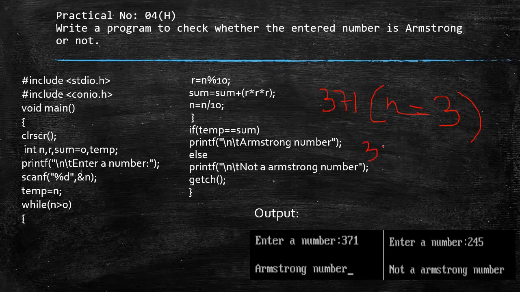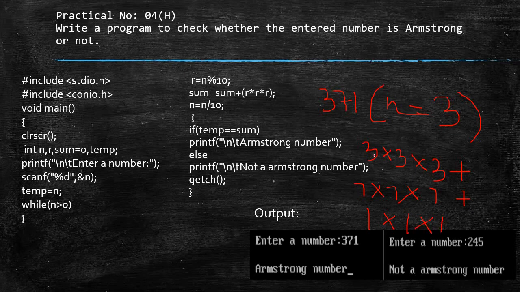Basically, it will execute like this: it will multiply 3 thrice, plus it will multiply 7 again thrice, because it is a 3-digit number. However many digits you have entered, it will raise each digit to that power. The last digit is 1, so it will multiply 1 thrice as well.